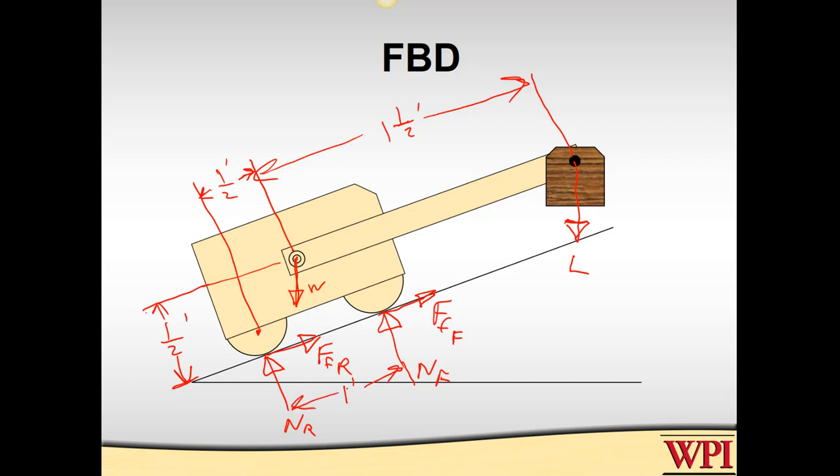And let's see, what else do we need? The incline we said was 30 degrees. Okay, and I'm just going to put here that the weight is equal to 10 pounds force.